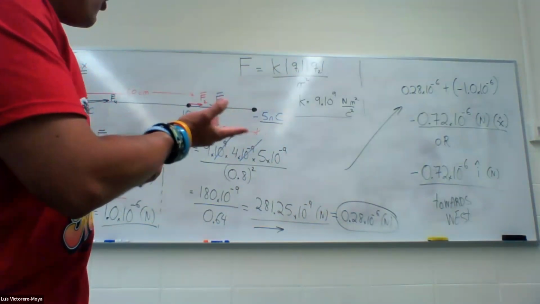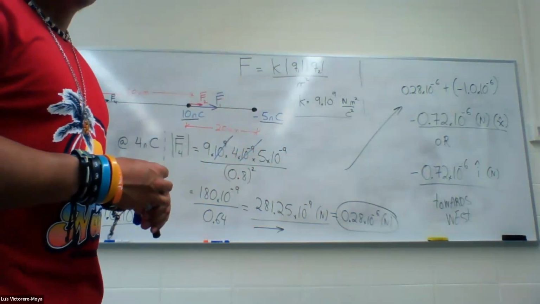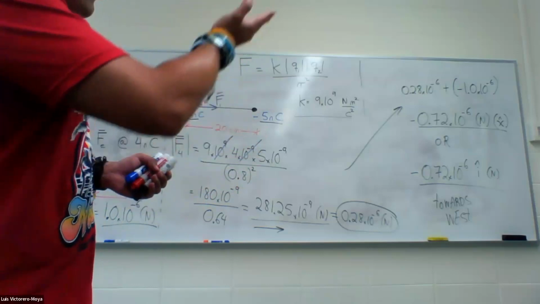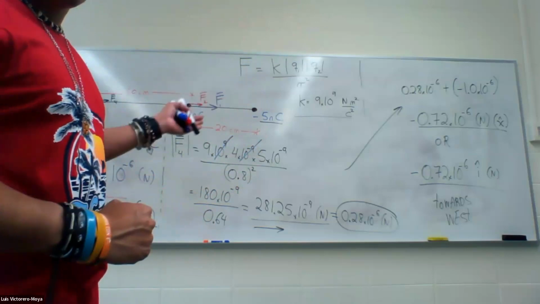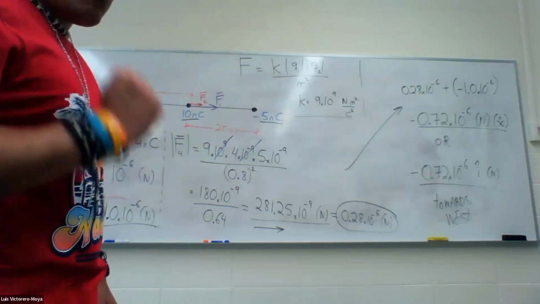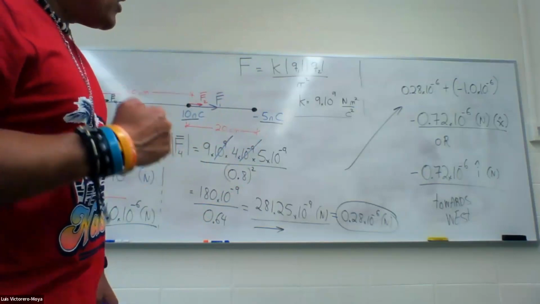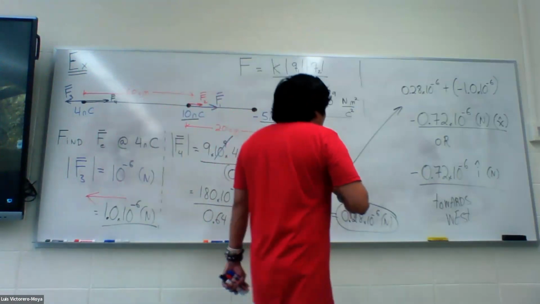Now, the concept of force is important, but where does this force come from? Why do they attract or repel? And why do they have those values, right? To understand that and to understand the motion of a charge, which is one of the objectives of this chapter, we need to introduce the idea of electric field.